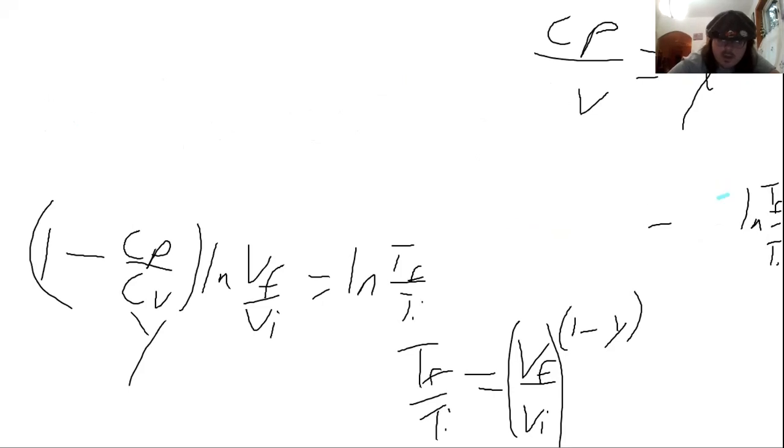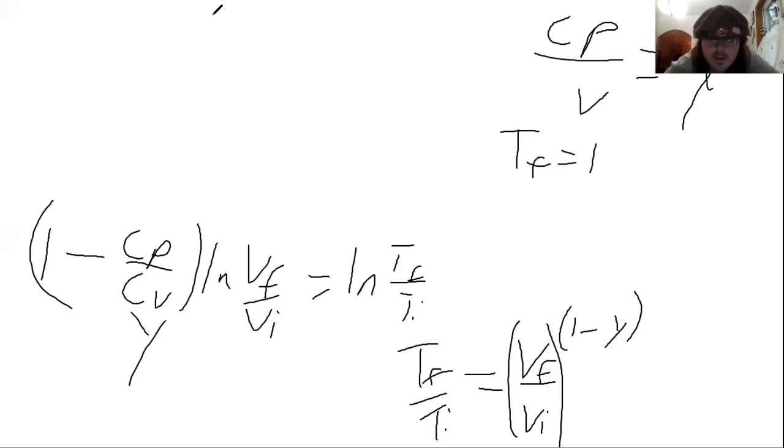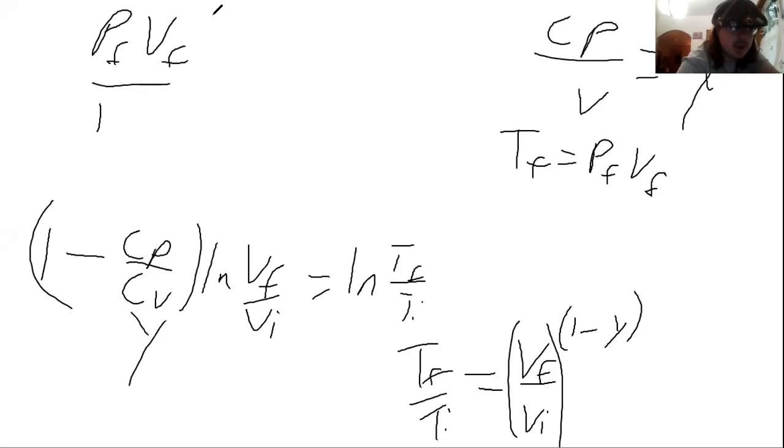Now, one more thing. We can also exchange this. We can say that TF is equal to PF VF over PI VI. And so our equation becomes PF VF over PI VI.